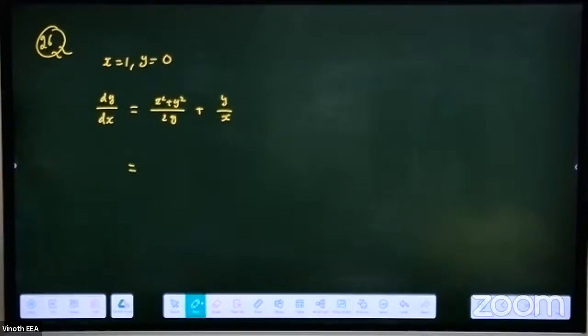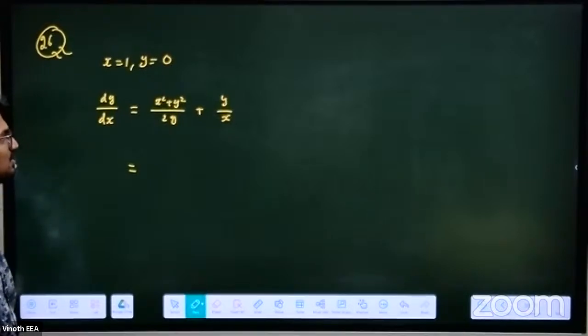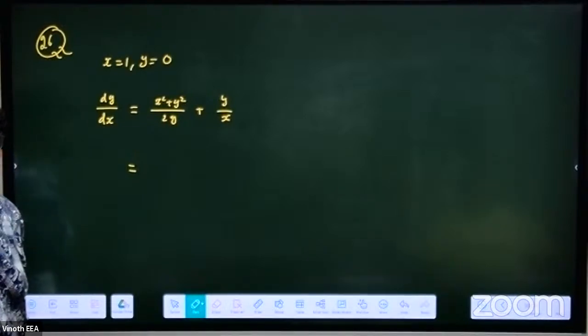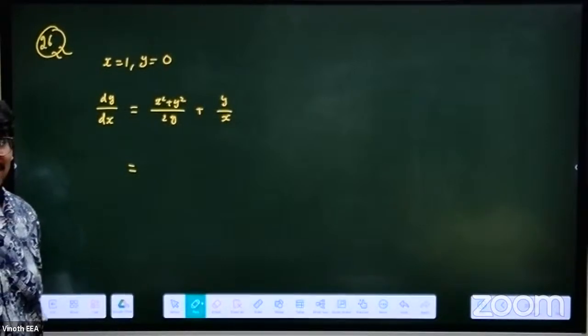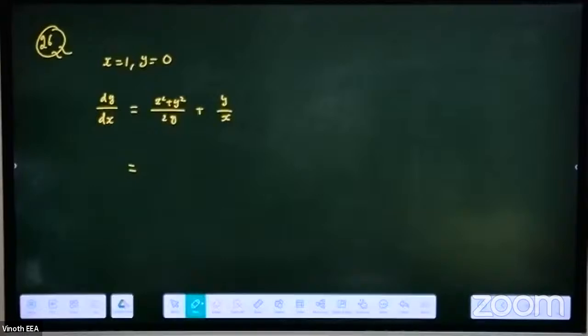It is not coming under any form, right? The formula doesn't apply. Yes, we can do homogeneous. Certainly we can do it with homogeneous. You want to try homogeneous? Sure, because there is one more method also. But if you want to try homogeneous, we can, no problem. Variable separable doesn't work.